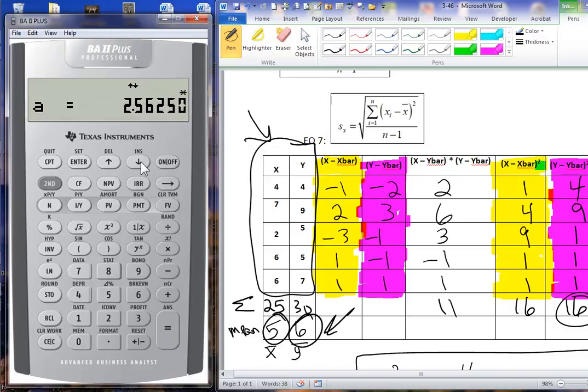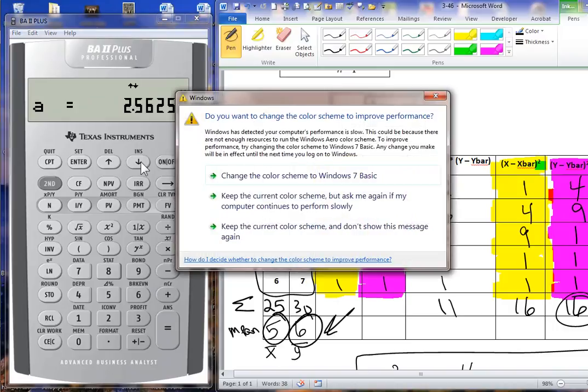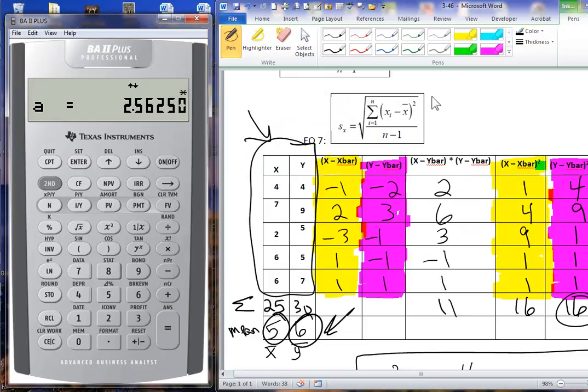You will learn this in chapter 8 when we study regression. But this A is the intercept point for the regression equation. B is the slope of the regression equation, which in this case, of course, is the correlation coefficient. And R is the correlation coefficient.